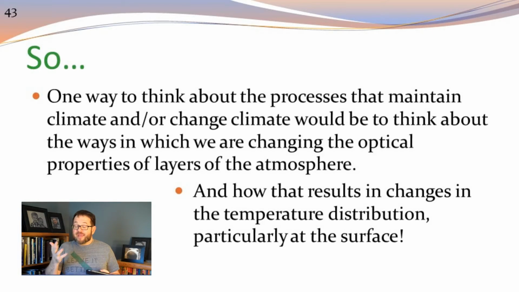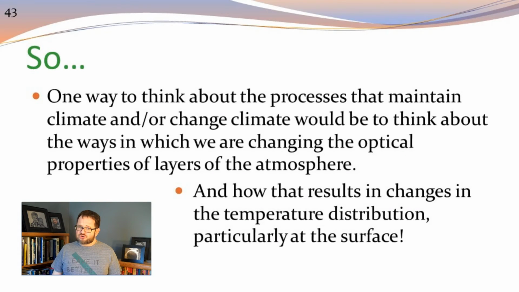All of which has the capacity to change the optical properties of the atmosphere. Optical as in how radiation moves through it, not necessarily visible light, could be long wave or whatever. And that has ways to change the temperature structure of the atmosphere, and finally the flux of radiation at the surface of the Earth, which is another way of saying the temperature of the Earth.